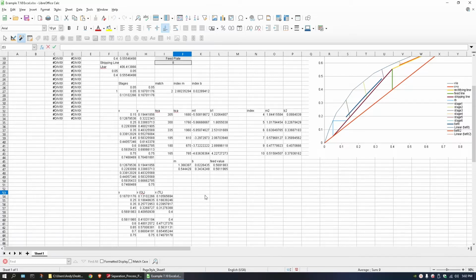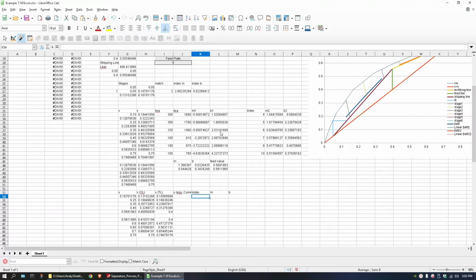So we'll have a y of the equilibrium curve. We're going to actually need a value of m, our index M, and a B.